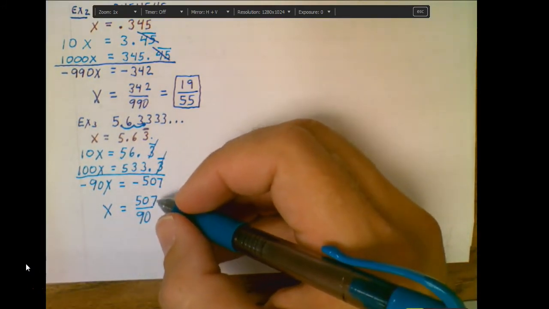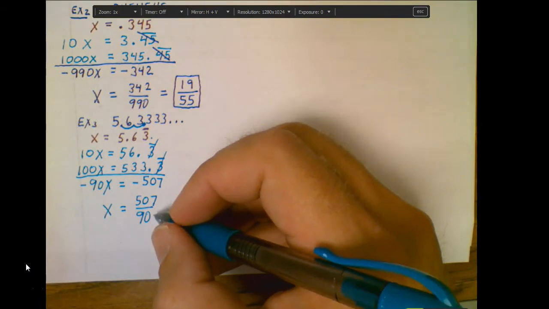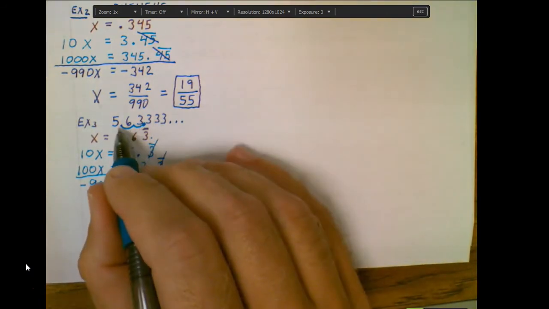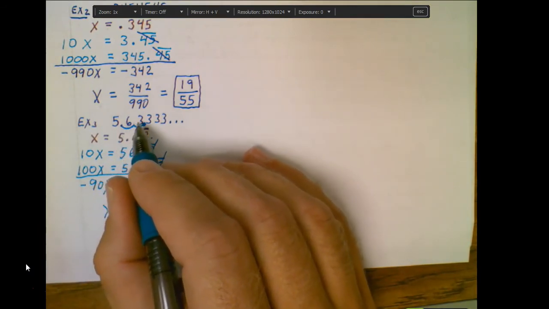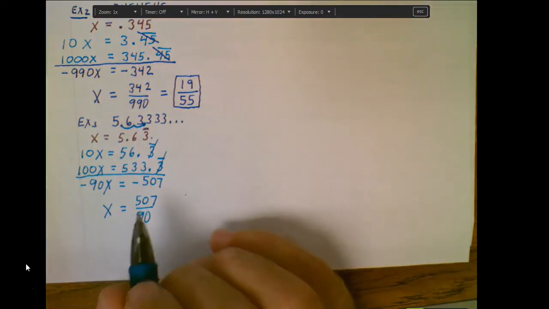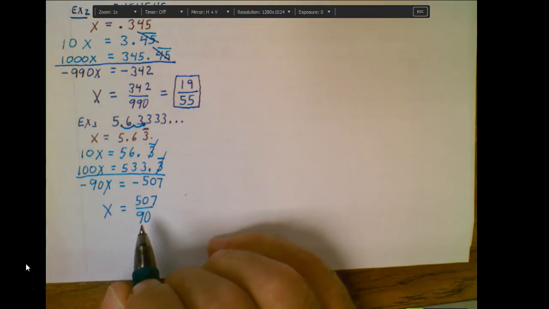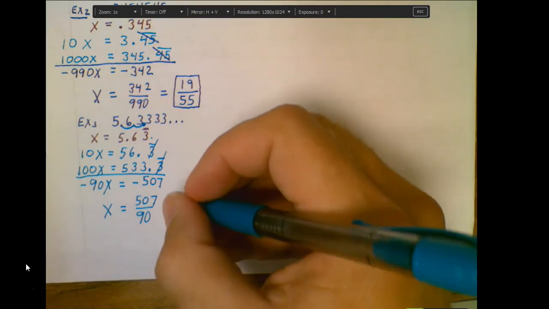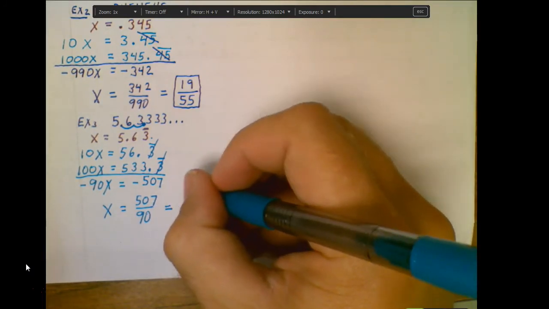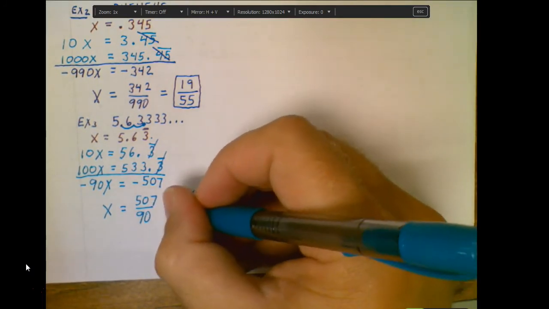Go ahead and go to your calculator, do 507 divided by 90 and hit enter. That's going to confirm, first of all, that you got the right answer because you're going to see this on your screen so that you know you did it right. And then if you hit math fraction, it's going to reduce this down to its simplest form, which should be 169 over 30.